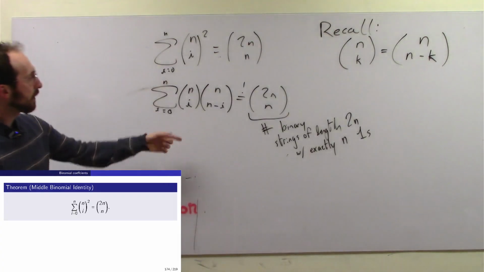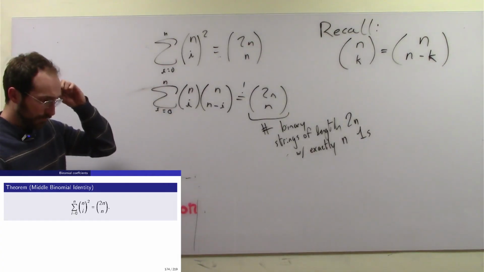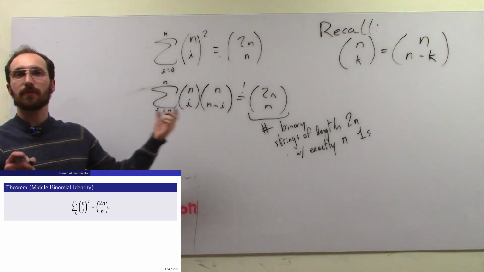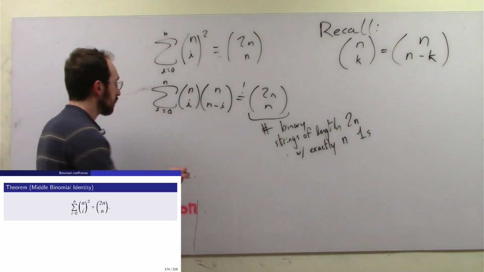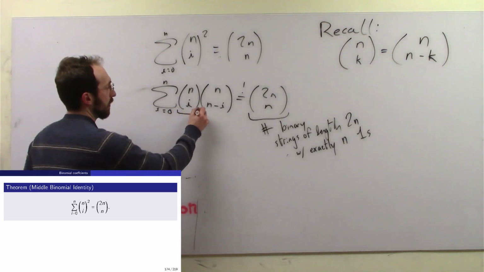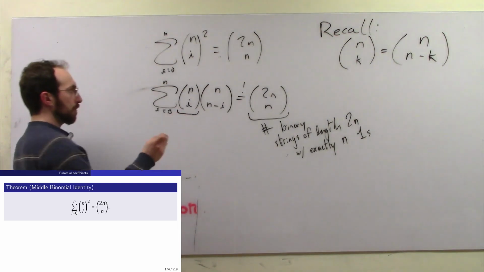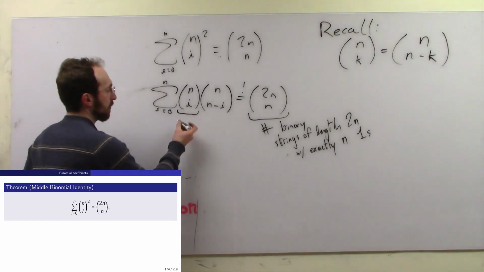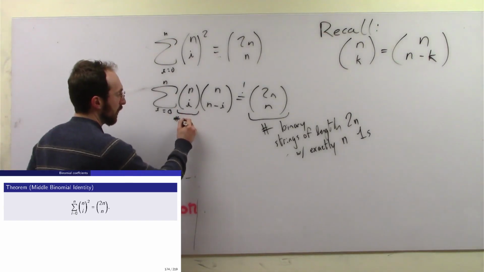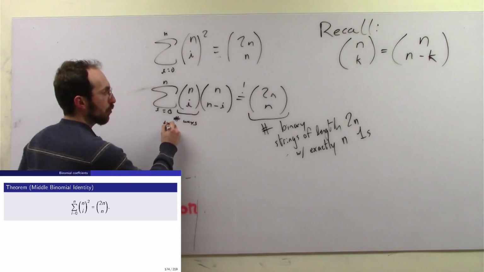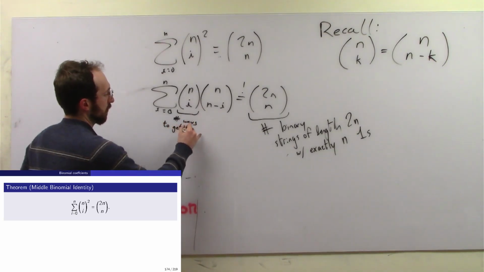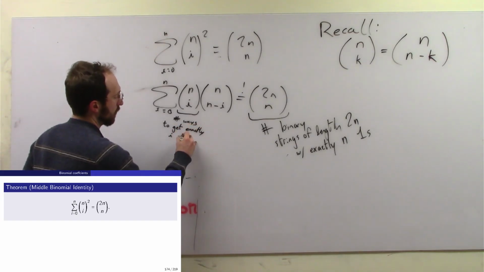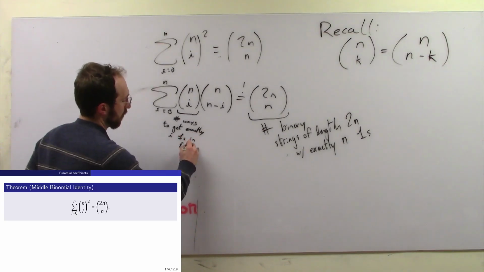And what is it? Well, we're going to say, okay, how many ones do I have in my first n elements of my string? So this right here says basically, I'm just going to look at the first n bits, and this is the number of ways to get exactly i ones in the first n bits.